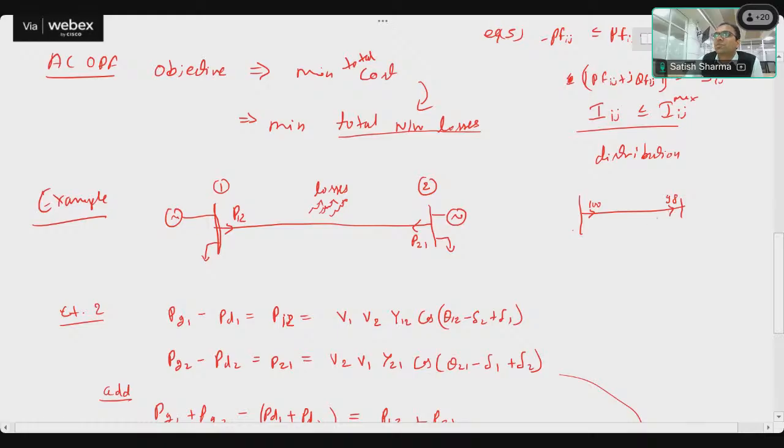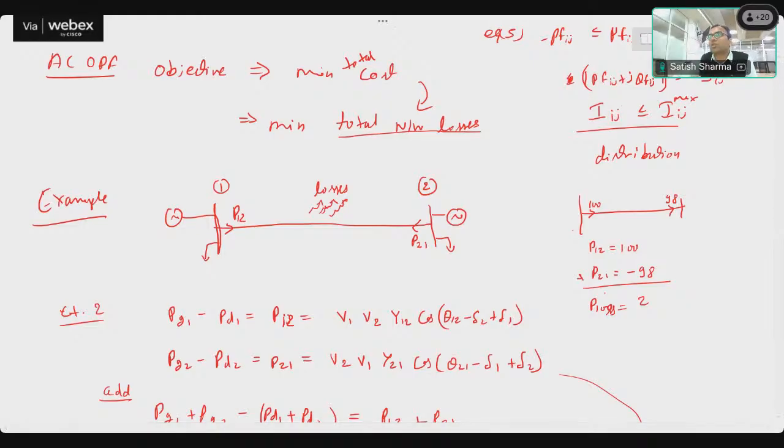Let's say 2 megawatt has been lost. Can you tell me what is P12 here? 100. And what is P21? Minus 98. It is the other way around. And if I add them up, it will be the losses, and that equals 2. It's simple. So you will never get a negative value.